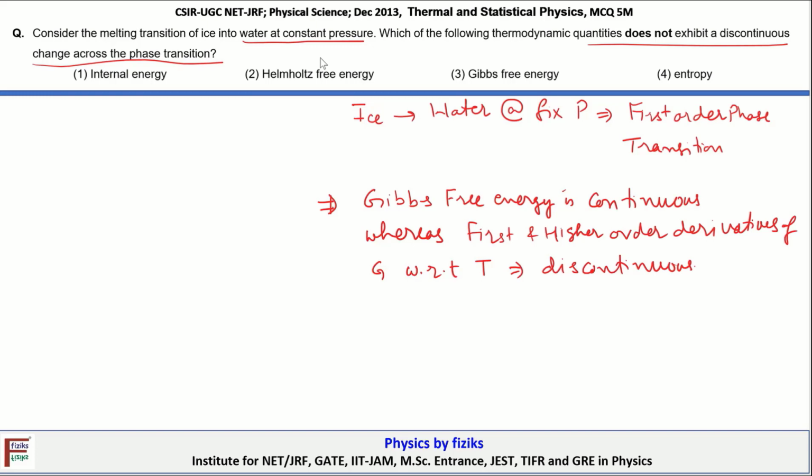So therefore here the correct option is Gibbs free energy, which doesn't exhibit a discontinuous change across the phase transition. So 3 is the correct option here.